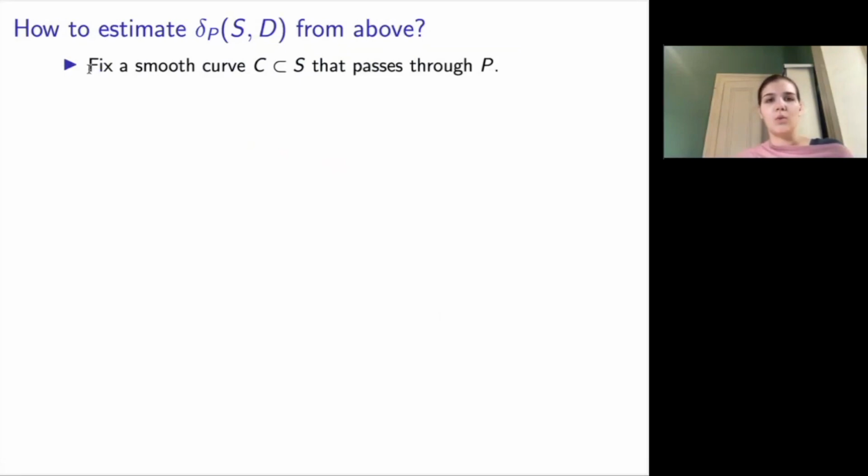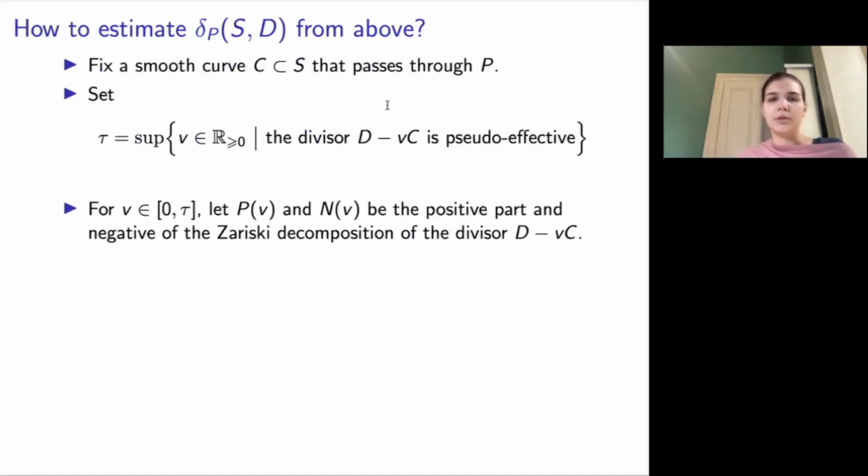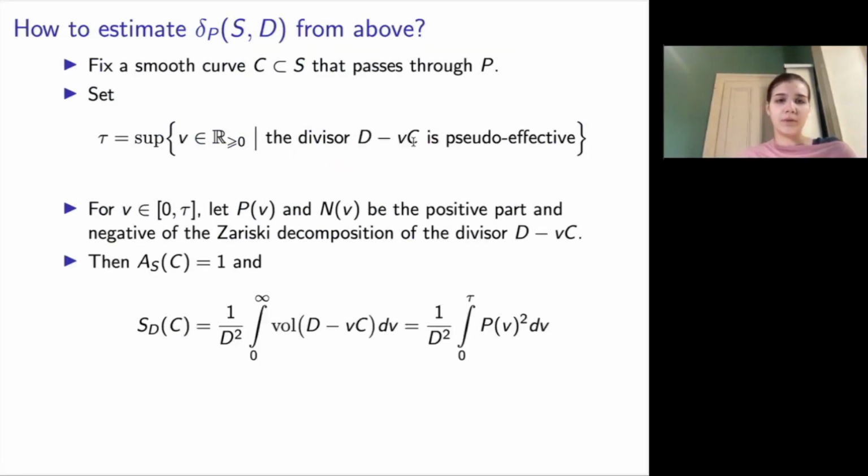Then we want to choose some obvious or not so obvious curve C, which will give us our estimation. Similar as before, we compute the pseudo-effective threshold of the divisor D minus vC. So it is just a divisor on the surface, so all the computations will be easier than before.